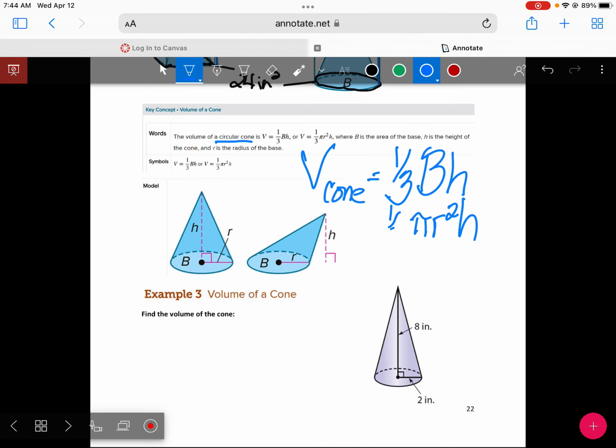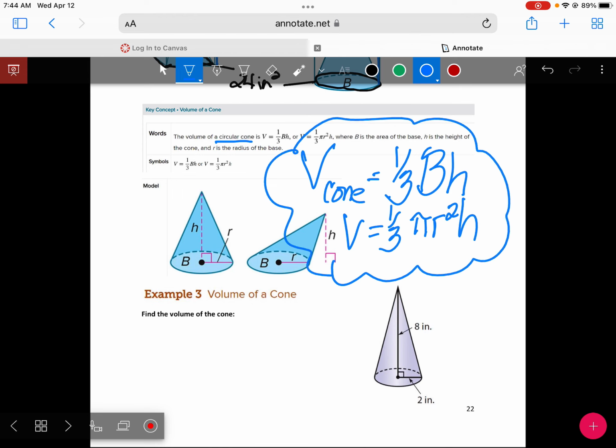So 1/3 times pi r squared. Right here. I wanted that in red. That is going to be the volume of my cone.